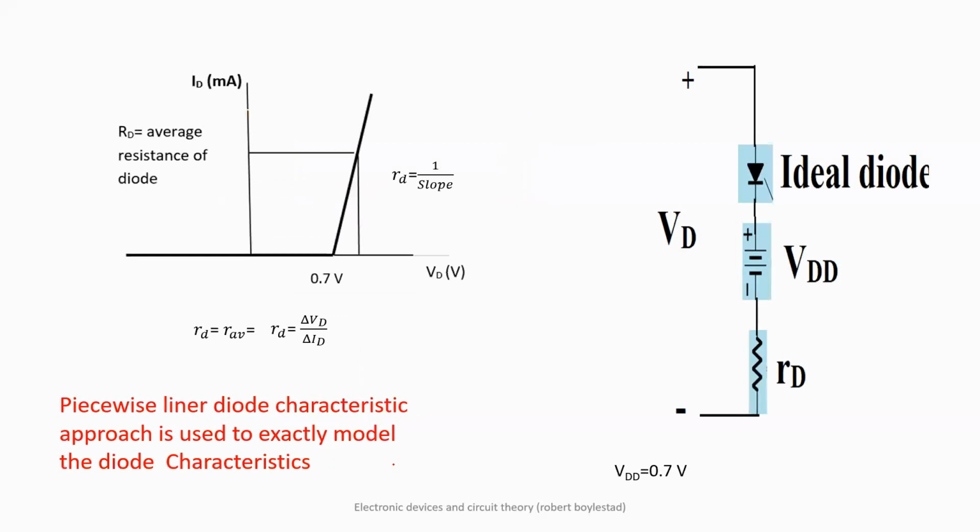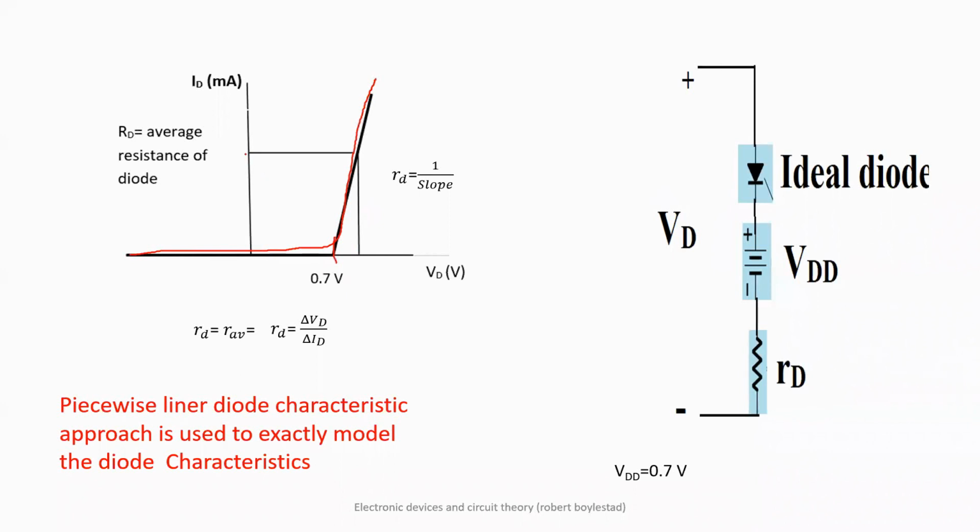So the piecewise linear diode model is being explained here in a very nice manner. Before that, I would like to explain these characteristics. Here you can see the reverse bias region, and this is for forward bias. It starts increasing only after 0.7 volts.